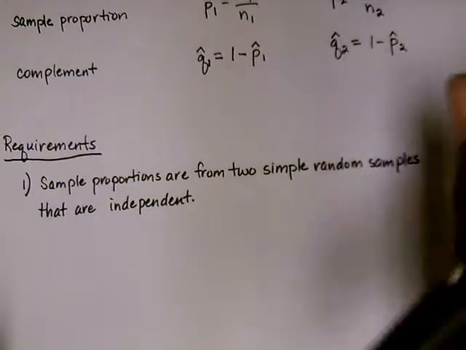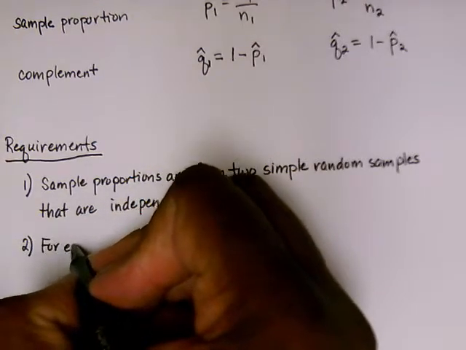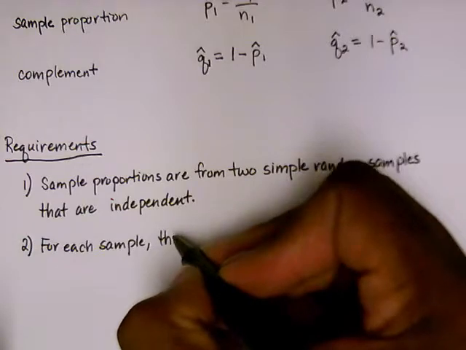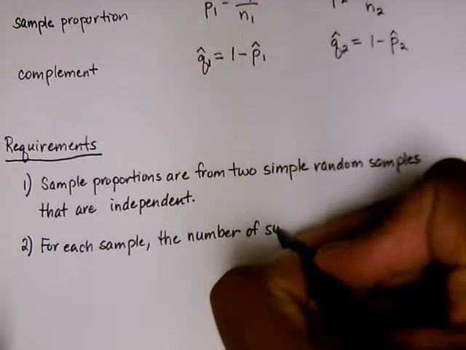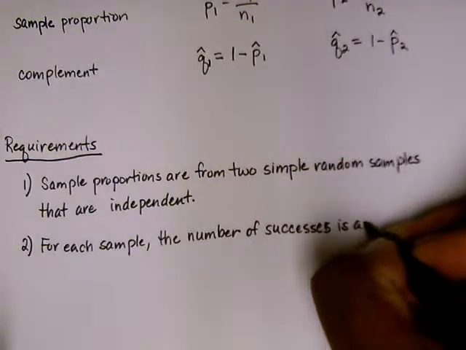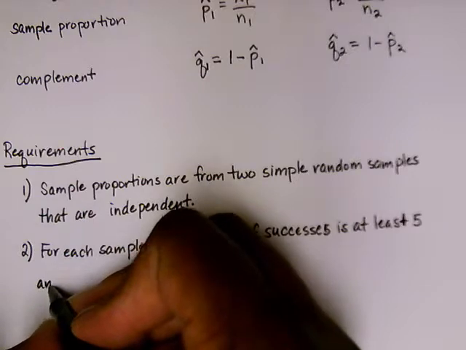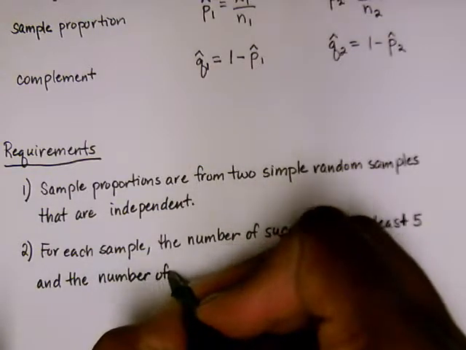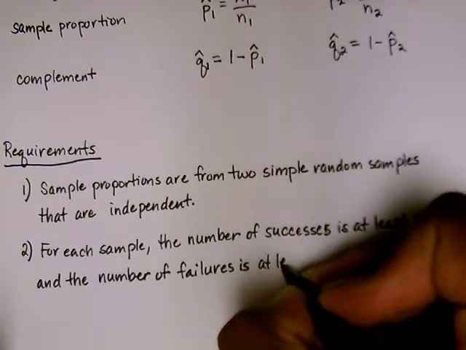And then second, for each sample, the number of successes is at least 5, and the number of failures is also at least 5.